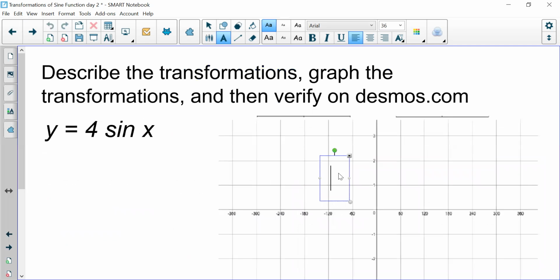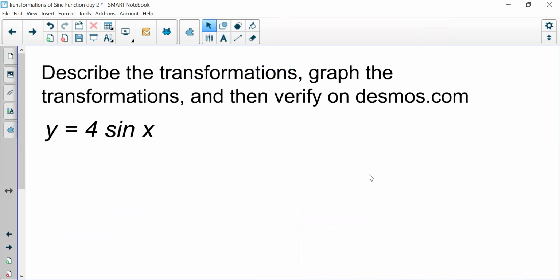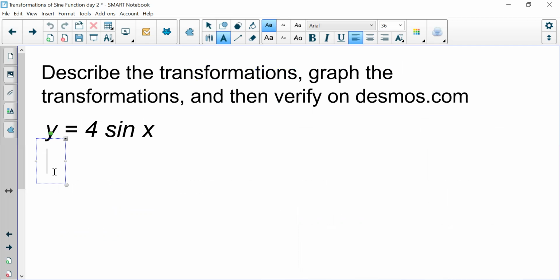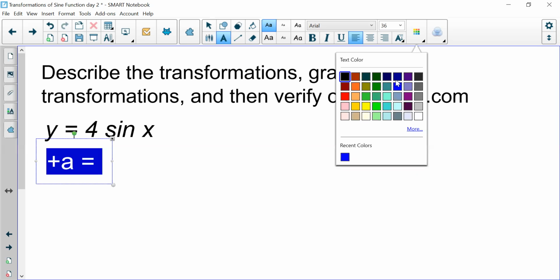So guys, what do you think this second one's going to look like? This is problem number 2. What do you think it's going to look like? First of all, A is positive, so do you think it's been reflected? Will it be a mirror image if A is positive? Yes, I think yes.